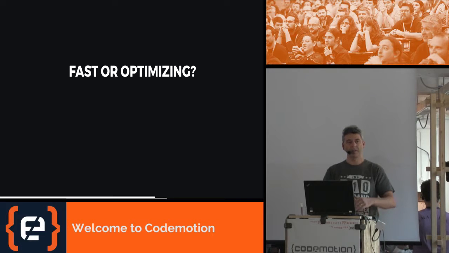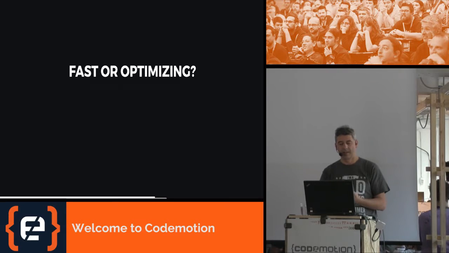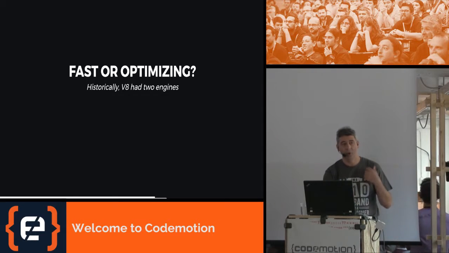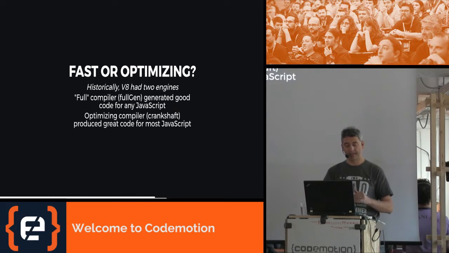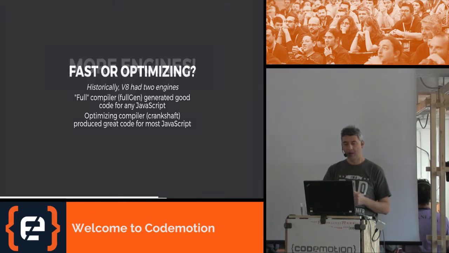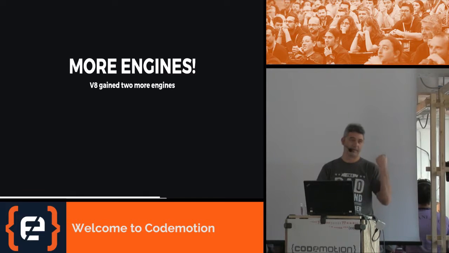Now, about the JIT itself, does it need to be fast or optimizing? Historically, V8 had two engines. The full compiler, full gen, generated, let's say, good machine code for any JavaScript, and then the crankshaft produced great code for most JavaScript. Now it gained more engines and lost the previous ones.